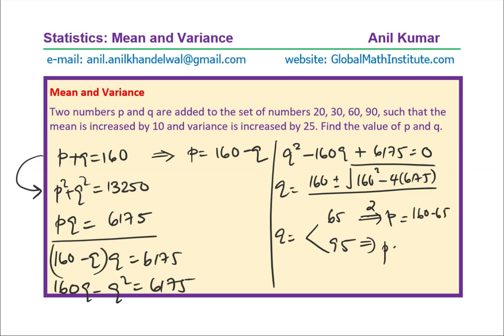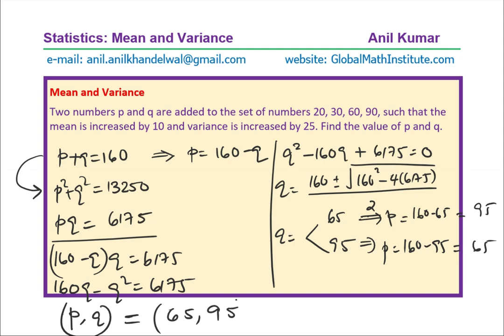So in this case, p will be 160 minus 95. And using the calculator, you can find this answer, which will be 95 or 65, right? So basically, the terms p and q can be written as either one. You could say the two numbers are 65 and 95. Is that clear to you? So that becomes the solution for this particular question.